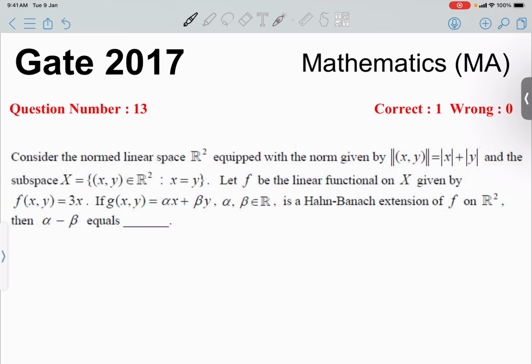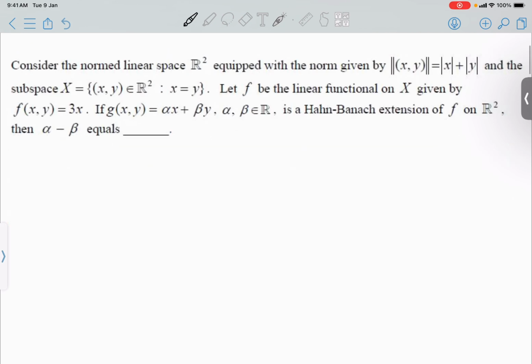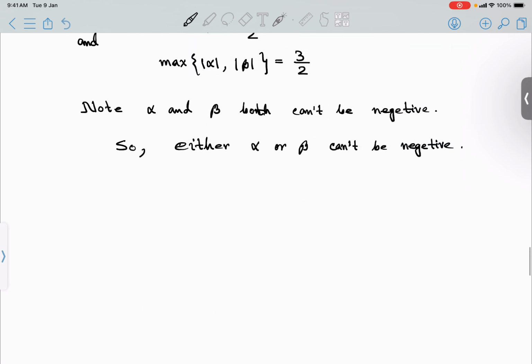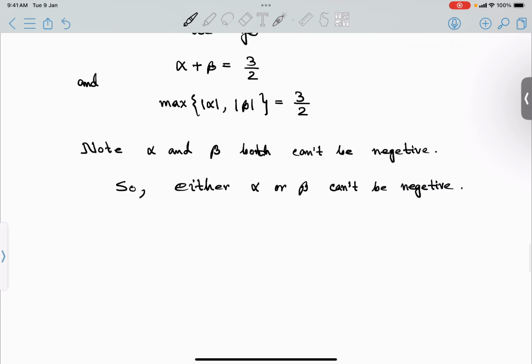It is the same as f, because on x equals y it is the same. So if one is 0, it is not a non-trivial extension. So both should be positive, as it is a non-trivial Hahn-Banach extension.